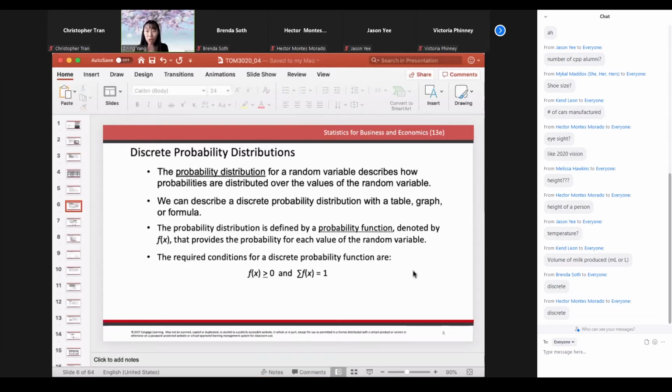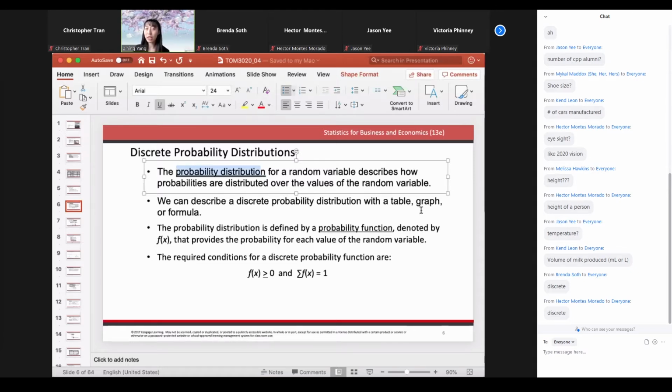In the 60 to 69 range, there were 13 invoices. In the next category, there were like 13 or 16 invoices. So just by looking at the numbers and doing a tabular summary, that gets us to the distribution, or what we call the relative frequency of the values. So that is the foundation of probability distribution.